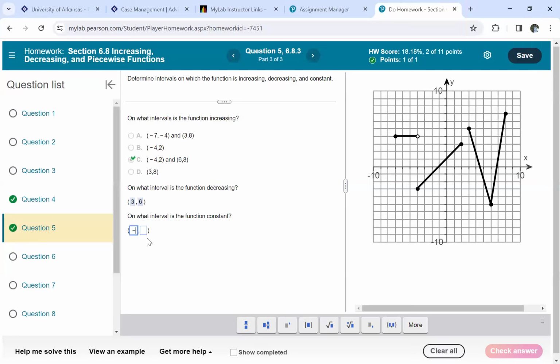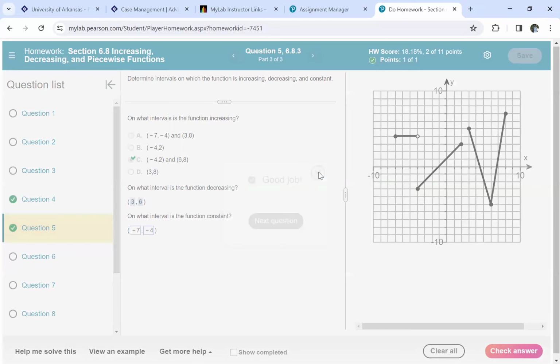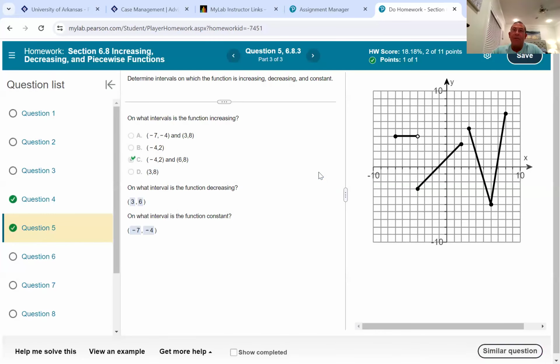So -7. And then -4. That looks good to me. So you just punch that in there and check those answers. Okay, that makes more sense. Thank you so much. And you really just gotta focus on your x-axis there, okay? Stay away from them y values. Yes, sir. Thank you. All righty, no problem.